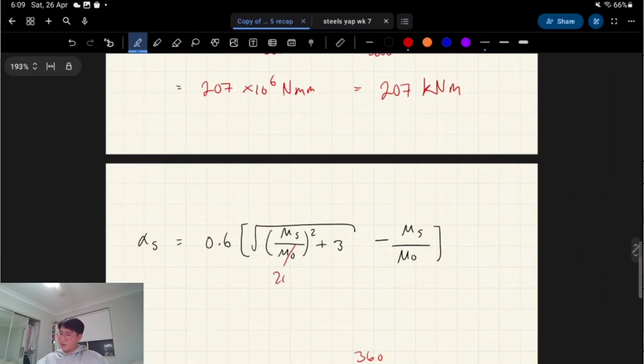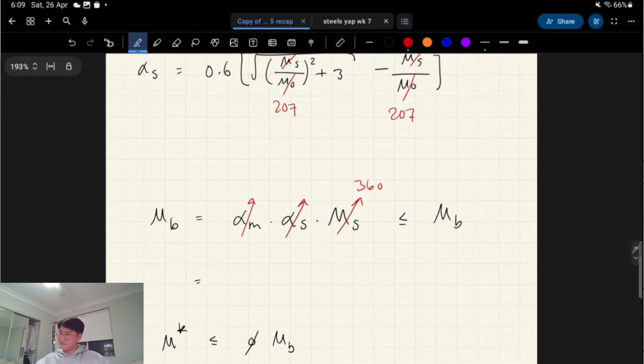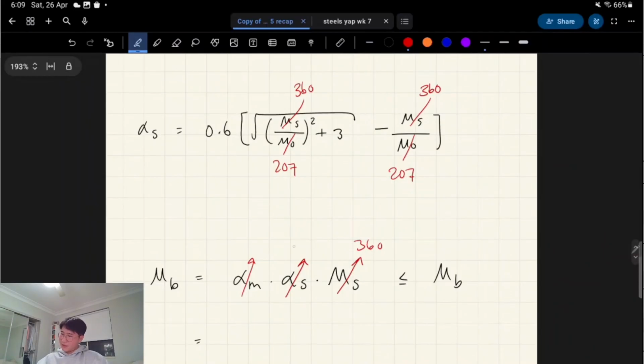So when we see Mo, we go 207. Ms was 360, which is what we calculated before we did the alpha values. And that gives us a value of alpha s of 0.429.